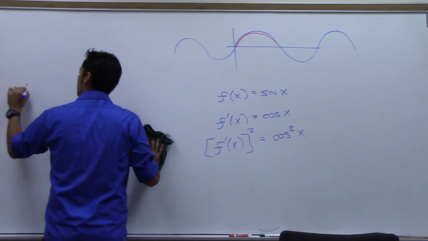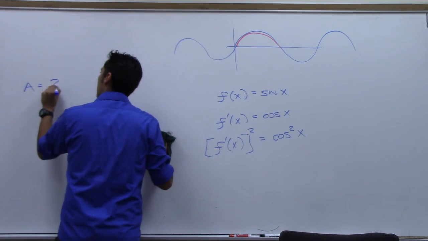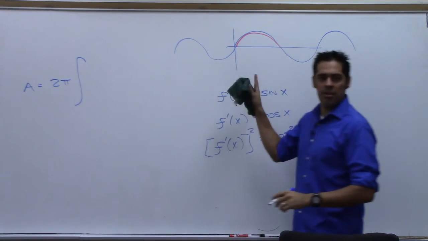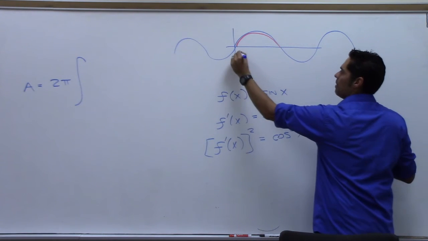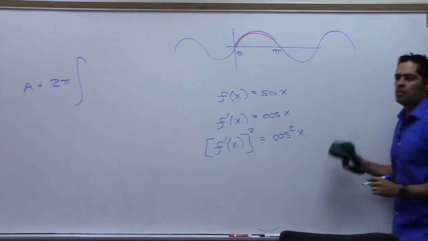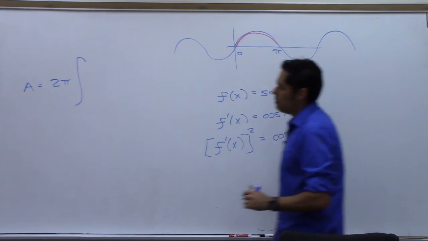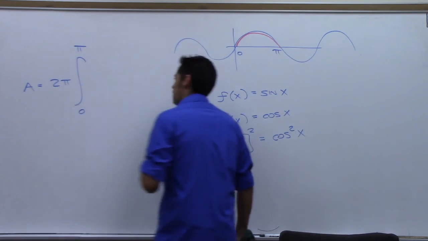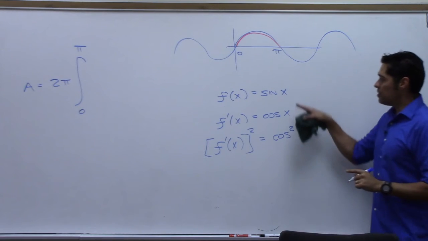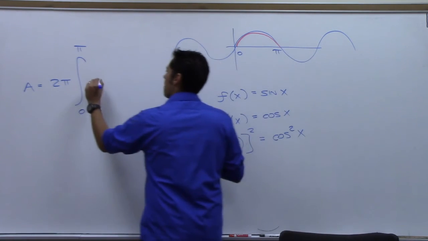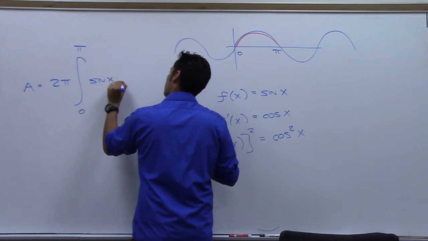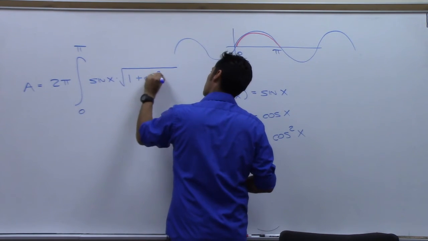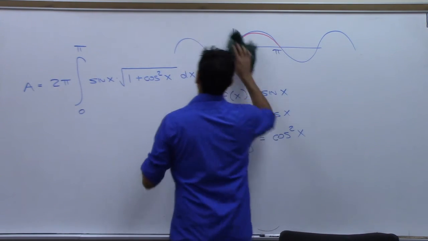The area should be 2 pi integral. Now what's my range here? 0 to pi, because one arc is going to occur between 0 and pi. So integral from 0 to pi of the function itself, sine x, times the square root of 1 plus cosine squared x dx.